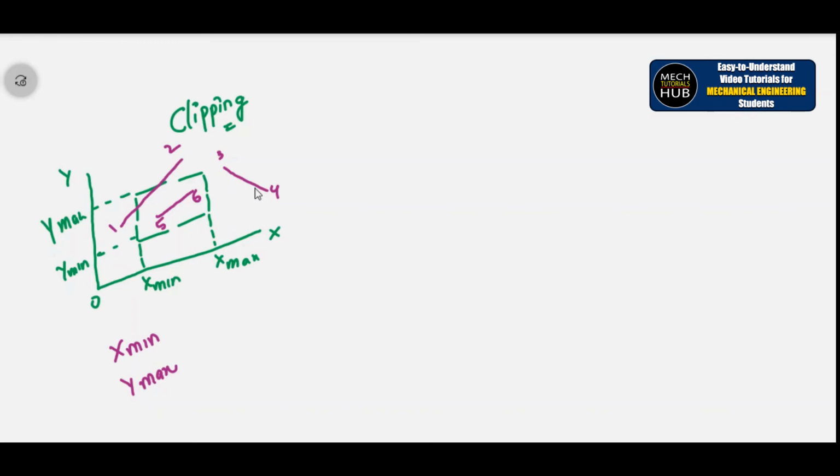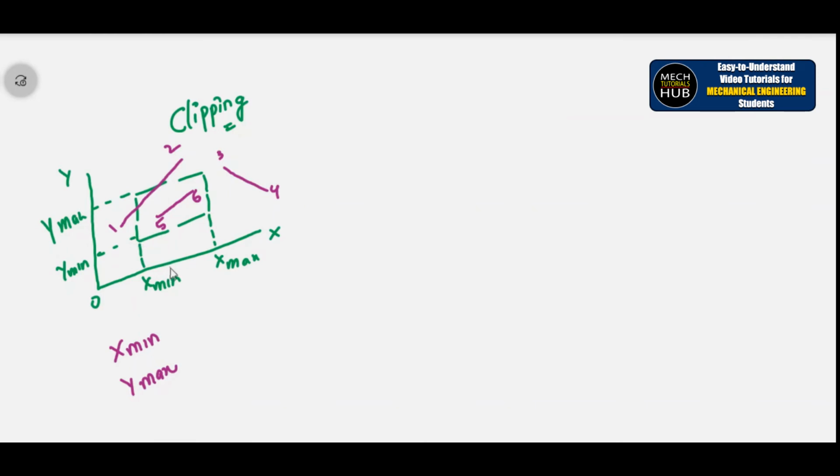Coming to the second line, it is completely outside the window, not coming inside at all. The third one is completely inside the window. So let us talk about line number 1, 2.